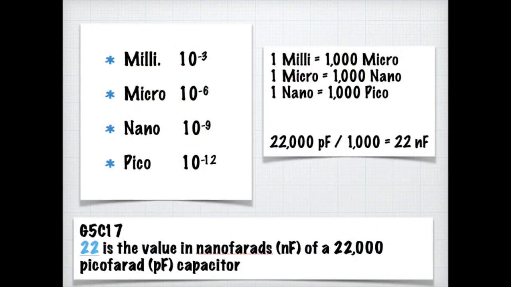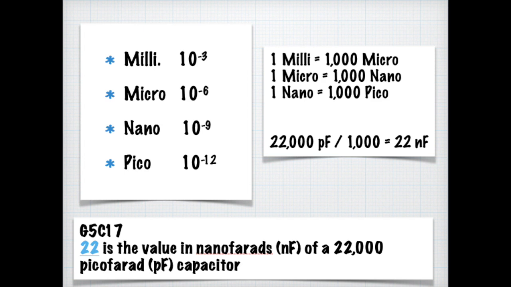In electronics, it's important to be able to translate between micro to nano, or nano to pico, or pico to nano, or pico to micro, or even to milli. For the exam, you need to know that in order to go from 22 picofarads into microfarads, you would simply divide by 1,000.